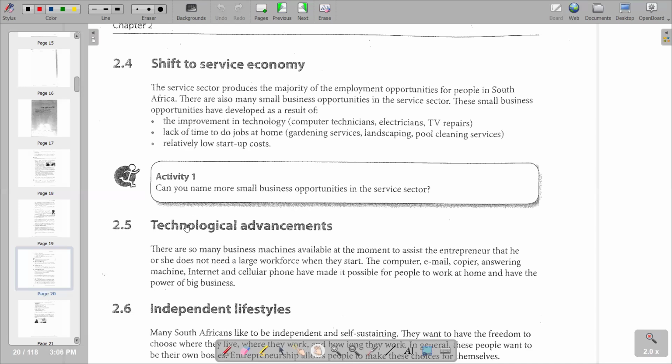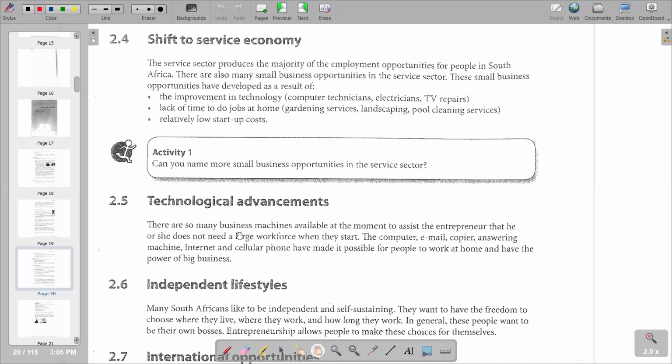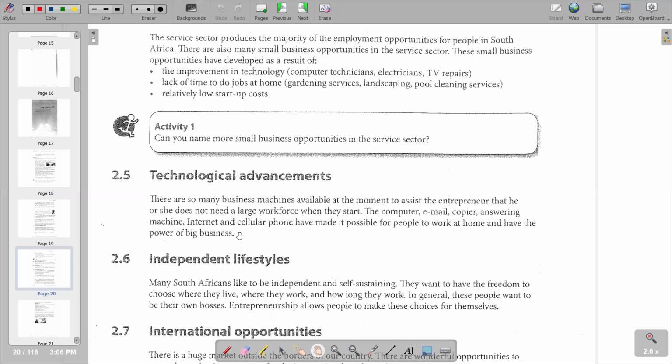So moving on, we also have technological advancement. Technological advancement also becomes a basis for the emergence of small businesses in the economy, because due to technology, you are going to see that people are engaging in businesses even from home. They are working from home. That is because of technological advancement.